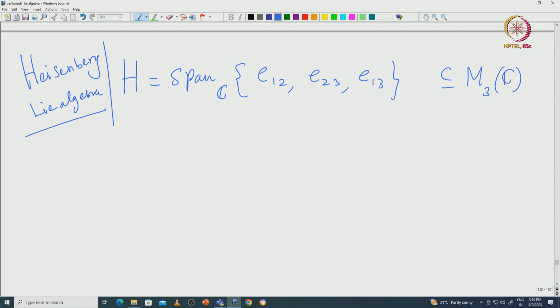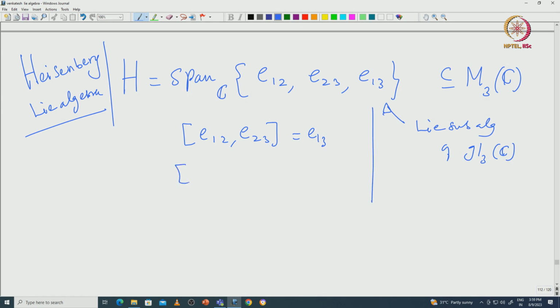Then it is easy to see the following is the Lie product and this is actually a Lie subalgebra of GL3C. So, what is the bracket of E12, E23? That is E13, and then the bracket E13, E12 is 0. Similarly, bracket E13, E23 is also 0.